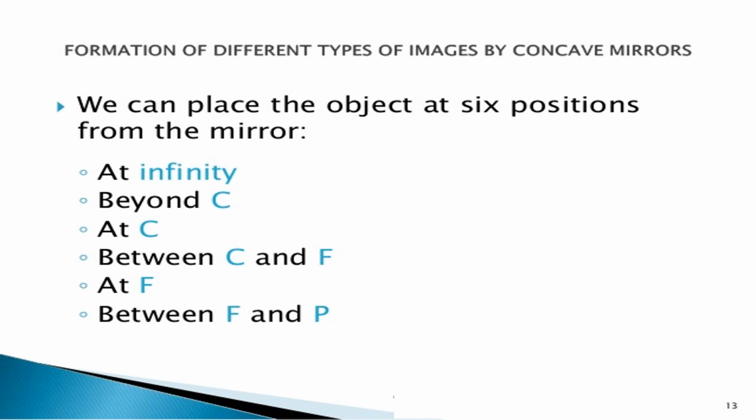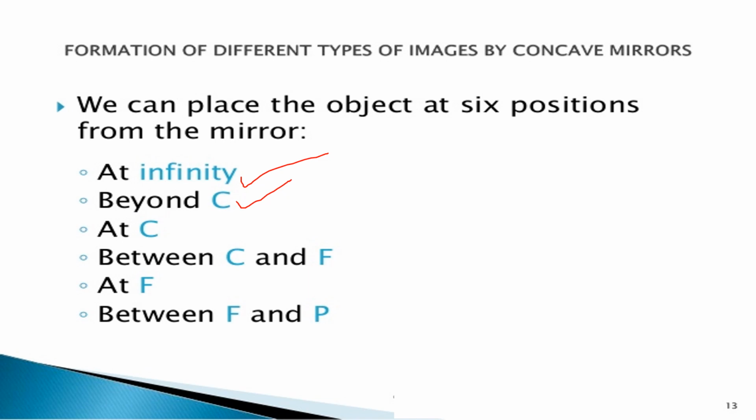Now we are placing the object in 6 different positions from the mirror and we'll observe where the image is formed. Means we are going to draw the ray diagrams. So first of all, we are going to take the object at infinity and we'll observe where the image is formed. Then after that, followed by the object beyond center of curvature. After that, at center of curvature.